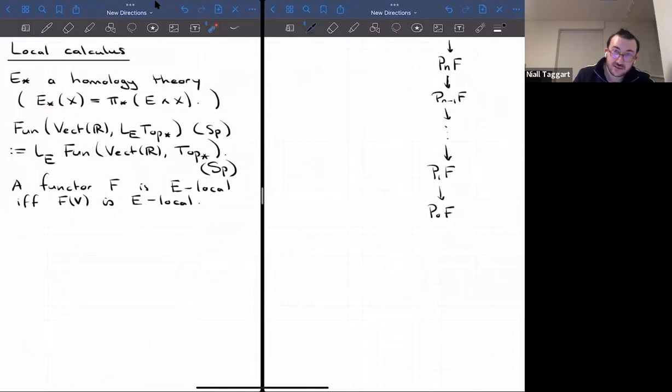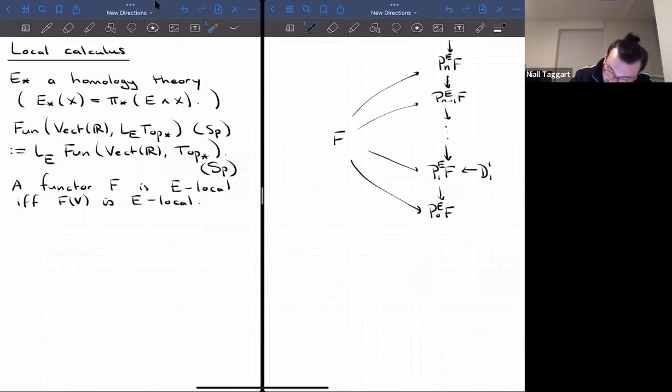Each of these constructions depends on the homology theory E, so we add a little superscript E to signal this, and it also sits under your functor F. You can, of course, just take homotopy fibers to get these layers. And now the job becomes classifying these guys.